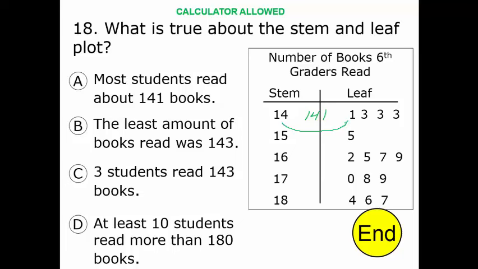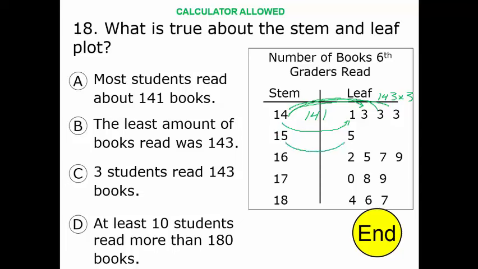That is going here. We've got 143, but we've got 3 of those, so there's actually 3 students who have read 143 books.